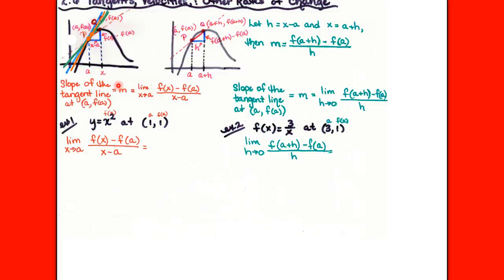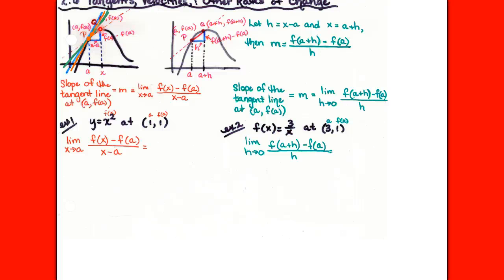I do have to have 2 separate points, but if I could get those 2 points so close, right beside each other, the distance between them so minuscule, then the slope of the secant line would be almost a perfect approximation of the slope of the tangent line, right? So I want the distance between these 2 points to get smaller and smaller, like 0.1, 0.01, 0.001, right? Sounds an awful lot like limit, doesn't it?